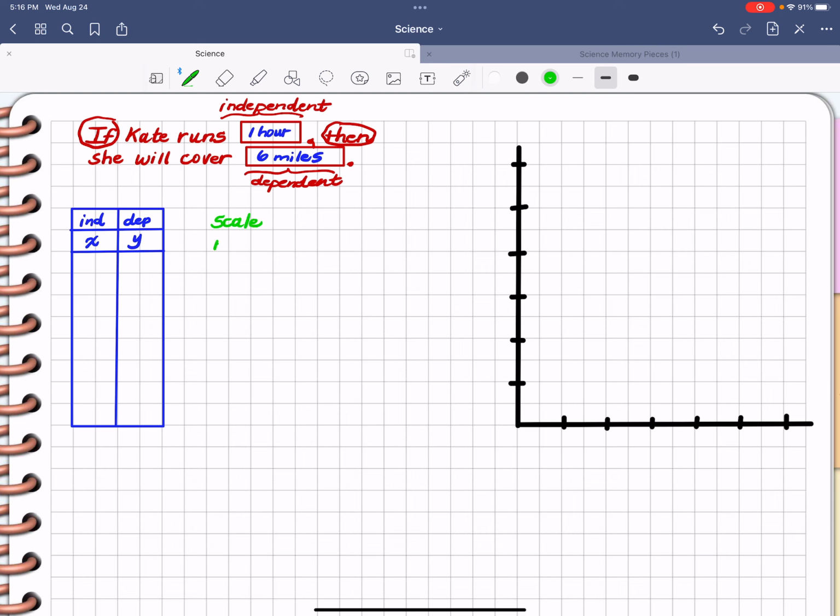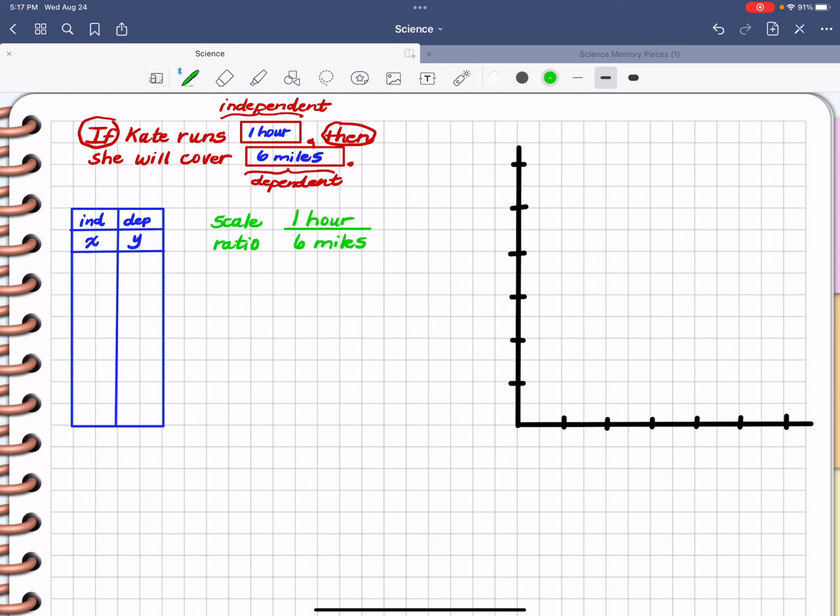Now be aware that the scale ratio may or may not be the slope, and I'll show you what I mean by that. But in this case, we have 1 hour, 6 miles. Now you could write it as 6 over 1. That would be fine.